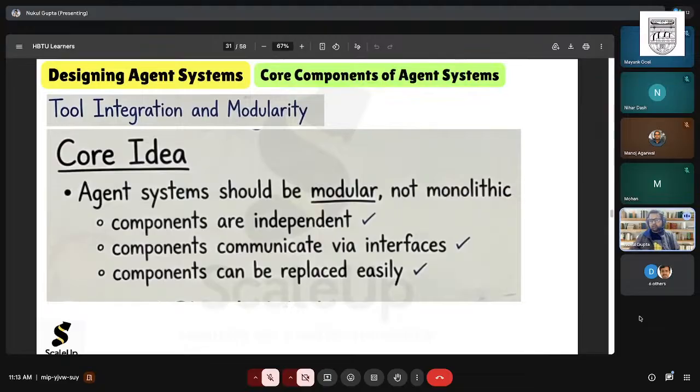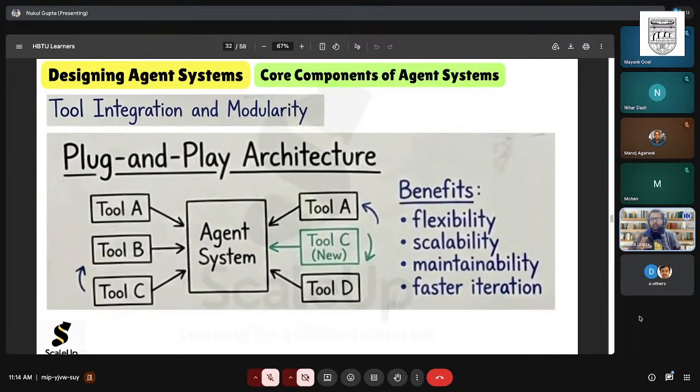Modular design means individual components are very flexible. If I remove one component, I can do very easy reconfiguration. So we call it plug and play architecture. So I have found out the tools I want. Now when I integrate the tools in the agentic AI application, it has to be a plug and play architecture, wherein all the tools will be communicating with the LLM, the agent system, and it should be very reconfigurable.